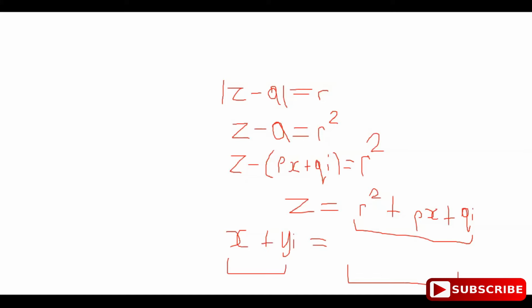Remember, we looked at complex numbers a long time ago. But the general rule is this: if the modulus of z minus a is equal to r, then the locus of z is a circle with center a and radius r.